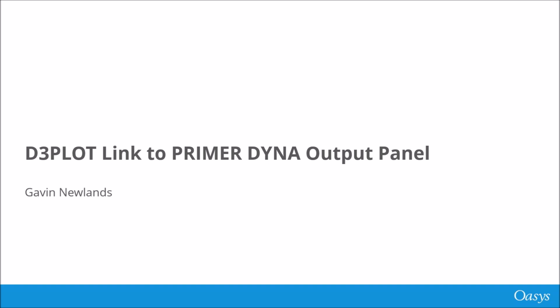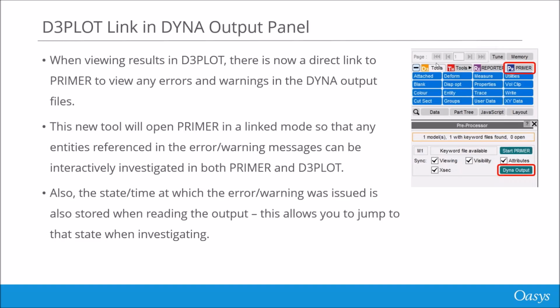Now we think it's useful to be able to access that information as well when you're looking at your output results as well as your keyword file. So we've added a new capability in D3plot to link to PRIMER to access that capability. So when viewing results in D3plot, there's now a direct link to PRIMER to view these errors and warnings.